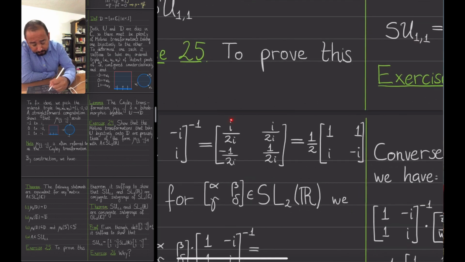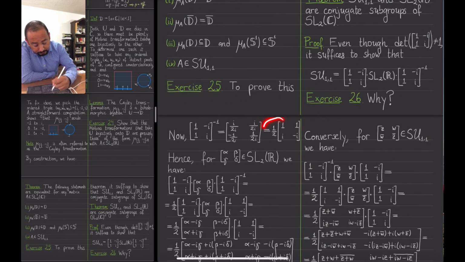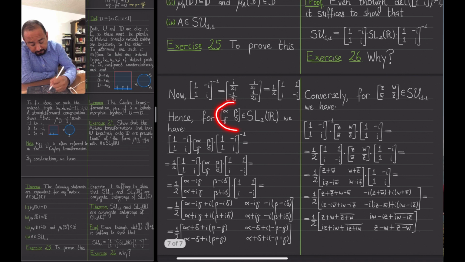Of course here this i cancels, and then you compute the inverse, and you obtain this. And then when you take a matrix in SL2R and you conjugate, well, this 1/2 you can put here.